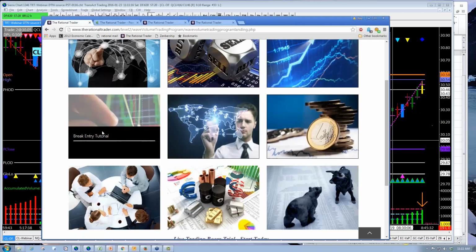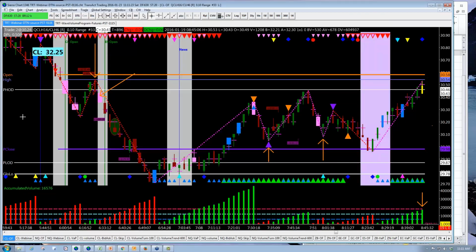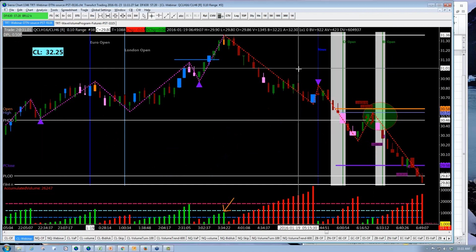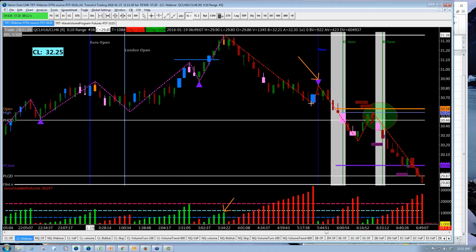Then there's a tutorial on using order flow to enter on the break. When you get that signal, we can use the order flow in a very specific way to find out if that is a more probable break, or more likely a head fake.